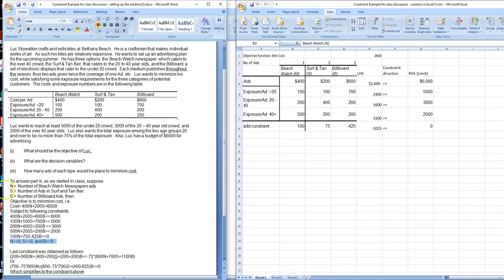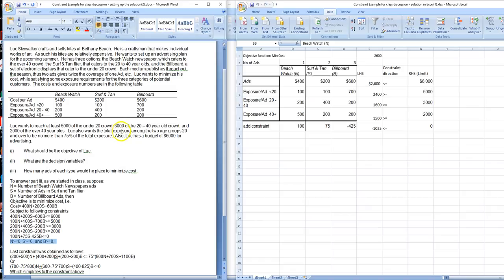So again, knowing N, S, and B, which is the numbers of those ads respectively, 100N, which is the exposure to under 20, plus 100S, exposure to under 20 by Surf and Tan, and 700B, exposure to under 20 by billboard. That has to be at least 5,000.